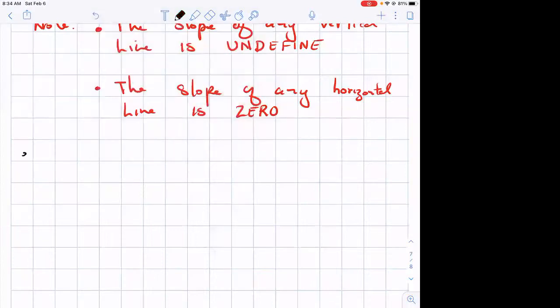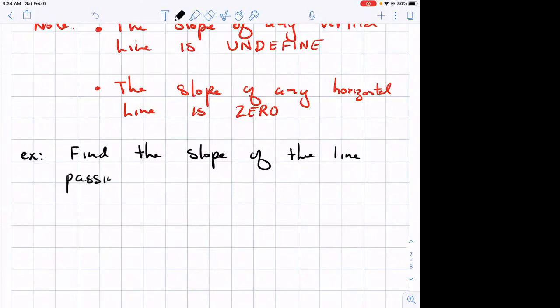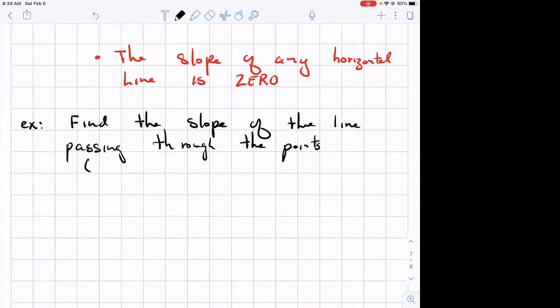So let's look at that. Example, find the slope of the line passing through the points 2, -3 and 4, -3.